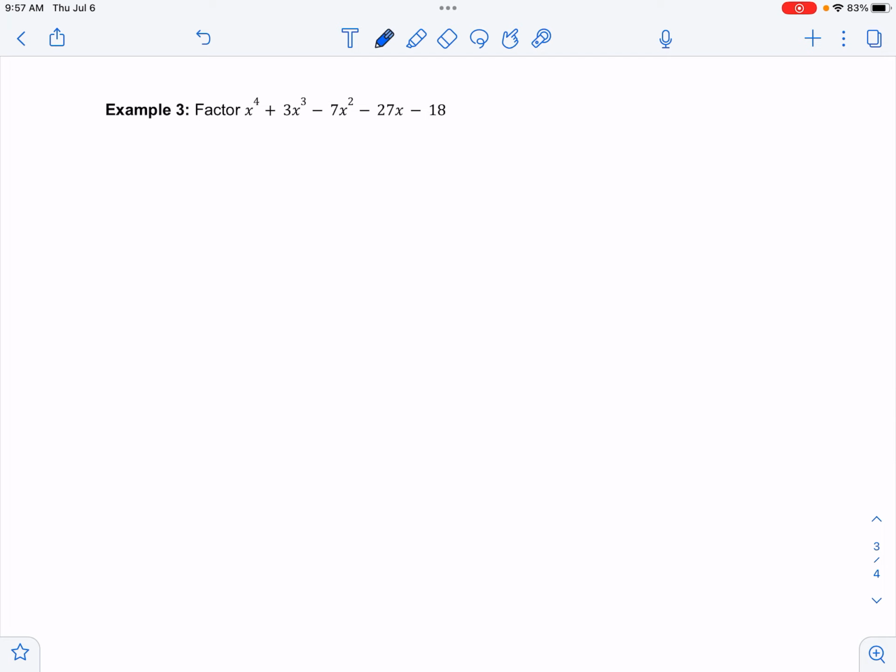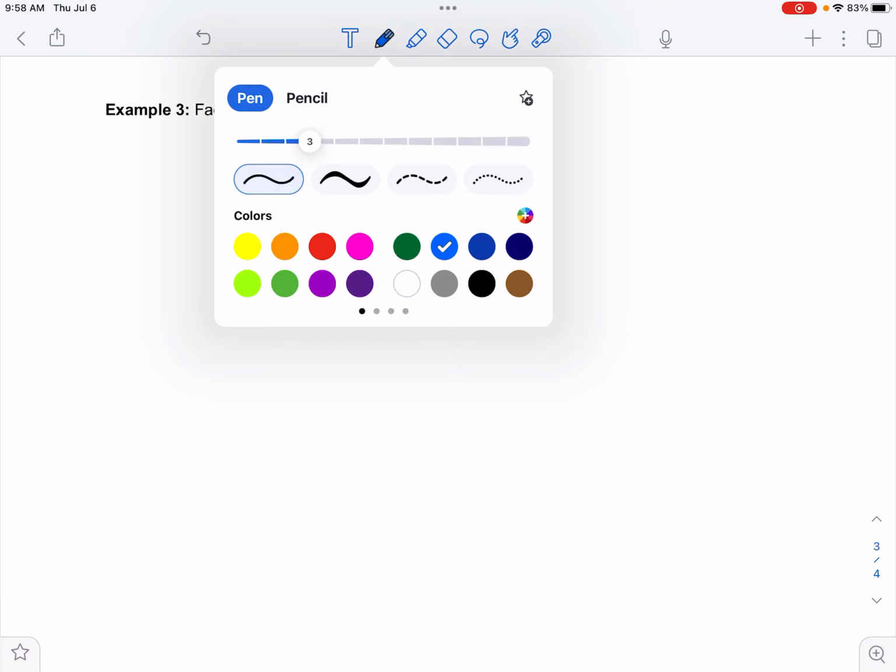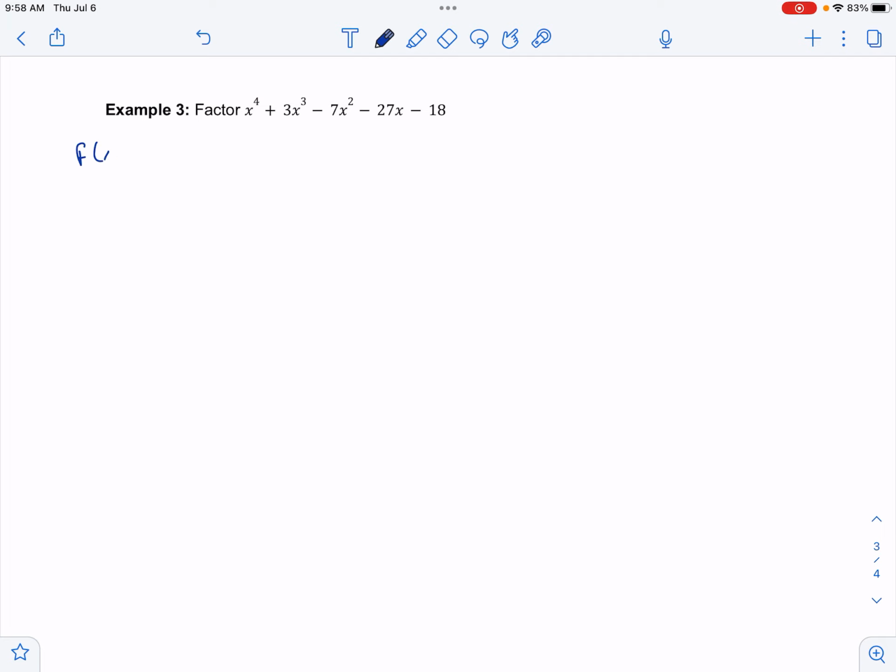This is going to be a longer one because we do have a degree of 4, so we're likely going to have to do this twice. First things first, set f of x equal to x to the 4 plus 3x cubed minus 7x squared minus 27x minus 18.